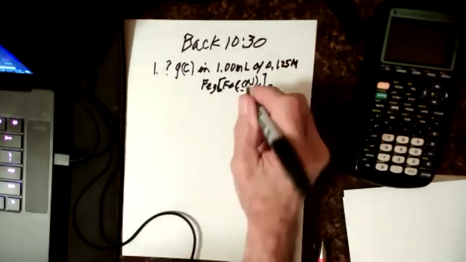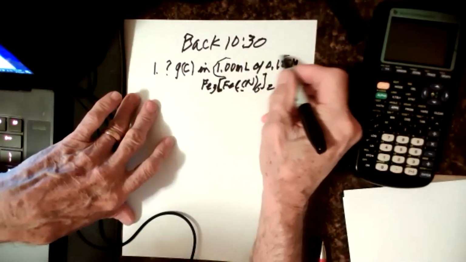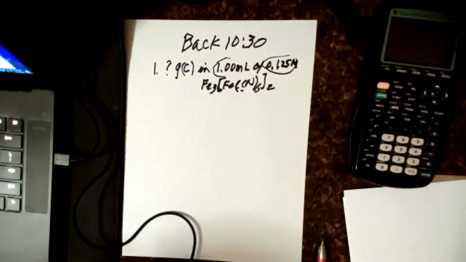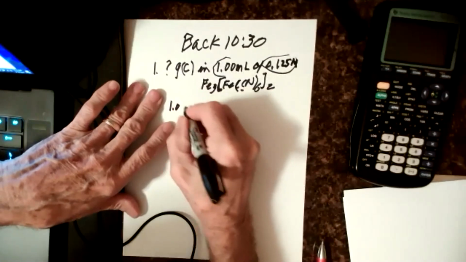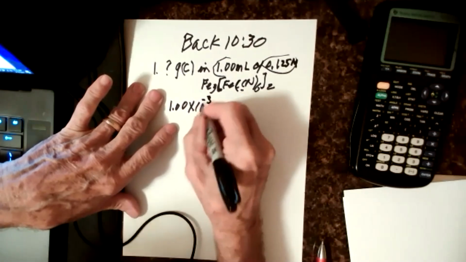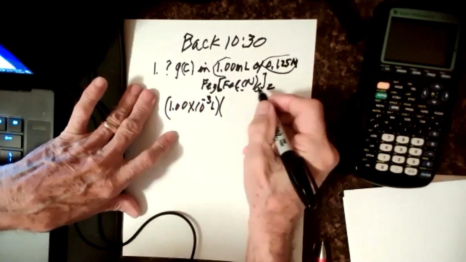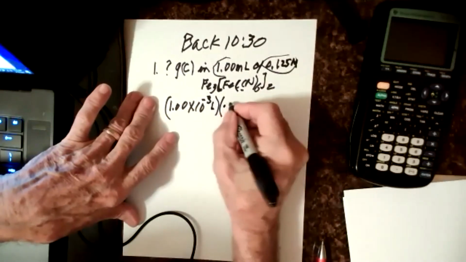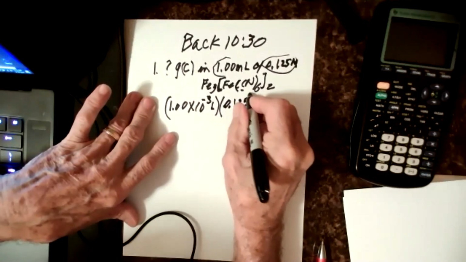Okay, so this is my number and my unit. What I've given essentially is data for the number of moles of the compound. So I'm going to take 1.00 times 10 to the minus 3, 1 milliliter, and the molarity is 0.125.